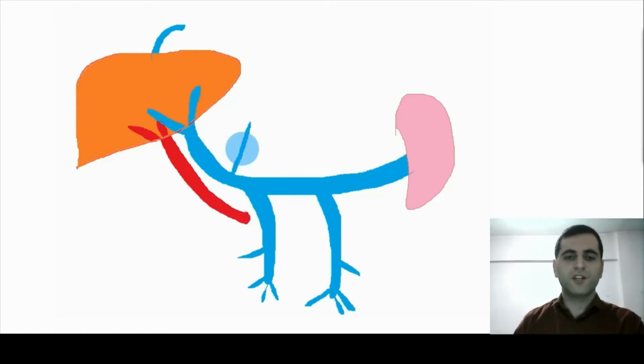This is left gastric vein, which takes the blood from the lower part of esophagus and also the stomach.